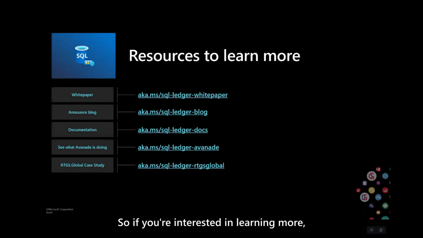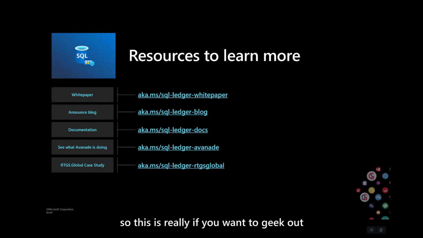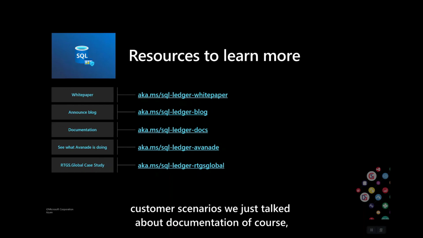So if you're interested in learning more, a few resources here. The first, the white paper, is really a deep dive into how the cryptographic elements work inside of Azure SQL Database Ledger. So if you want to geek out and understand Merkle trees and data structures at that level, this is a great download to look at. The Announce blog talks a lot about some of the customer scenarios we just talked about.